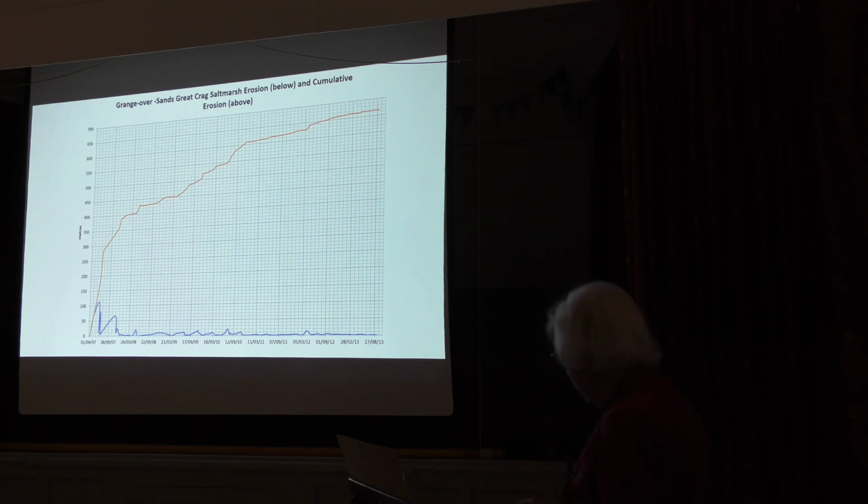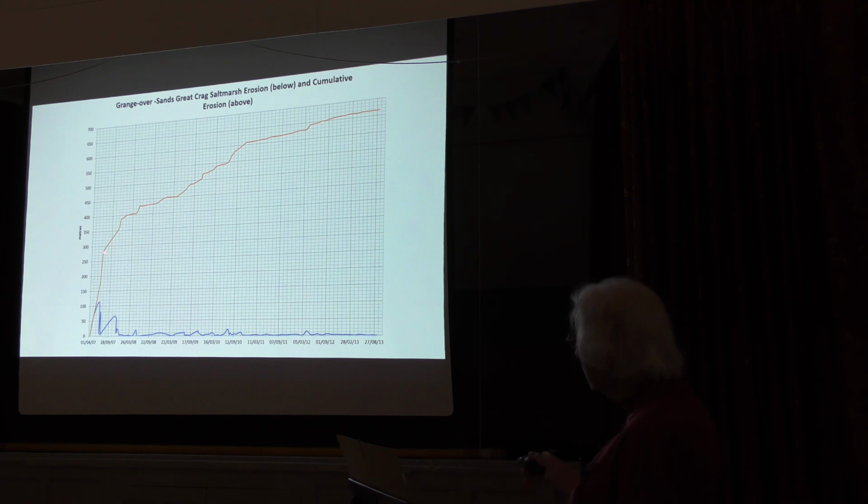So initially there's a very rapid rise in the rate of erosion for the period between April and July. That's this very steep rise in the curve there. And that was when the channel was actually cutting into the sandbank. So of course the sand, not offering much resistance, was eroding very rapidly. But then the channel got to the edge of the Salt Marsh.